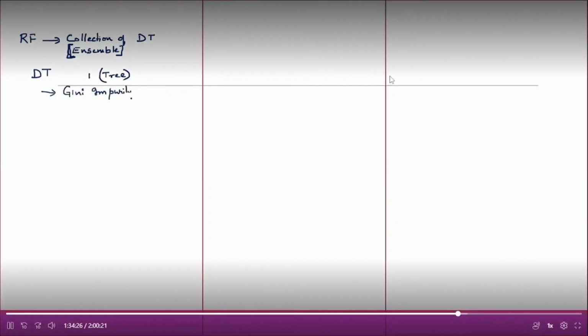Based on that Gini impurity, the split criteria is decided. That is what we discussed. The split criteria is decided based on Gini impurity or entropy or something. Because of that, there is no guarantee that all variables, all features, will be used at all.